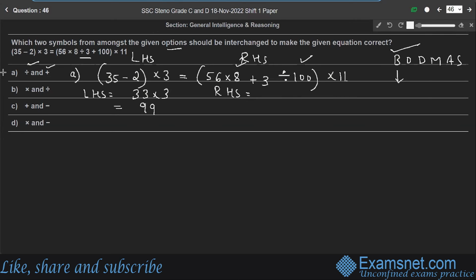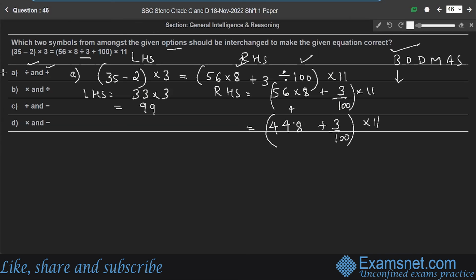So go for division first. 56 into 8 plus 3 by 100, into 11. 3 by 100 will leave as it is. Go for multiplication. So 56 into 8. So 8 into 6, 48. 8 into 40 plus 4, 44. 448 plus 3 by 100 into 11.